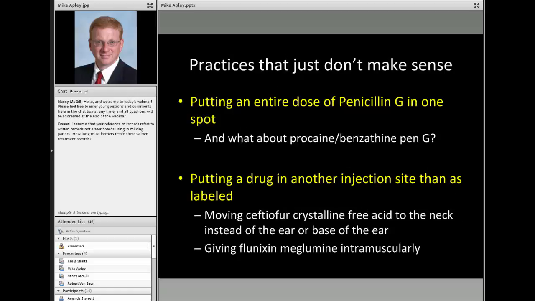So here's some practices I think just don't make sense. One is putting an entire dose of Pen-G in one spot. The long-acting penicillin you may hear about, I'm not a fan of it. Your veterinarian may have another opinion. I'm not a fan of it for the reason that the procaine portion is fairly rapidly absorbed, and the benzathine portion is what gives you the, quote, long-acting component of it.